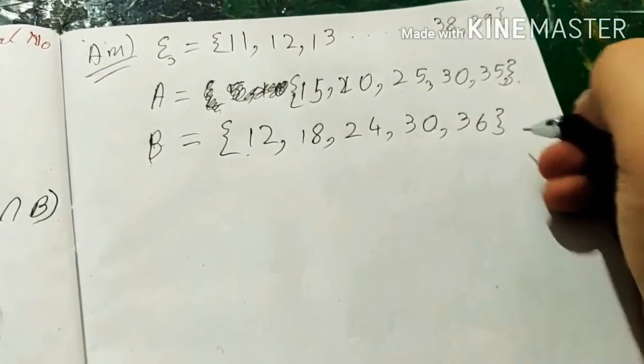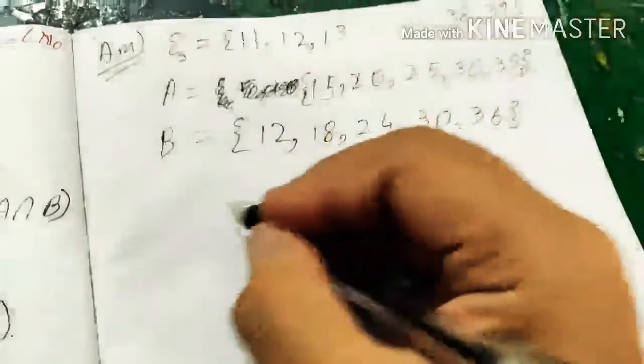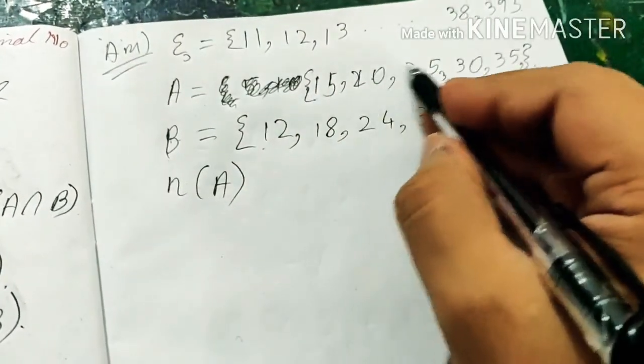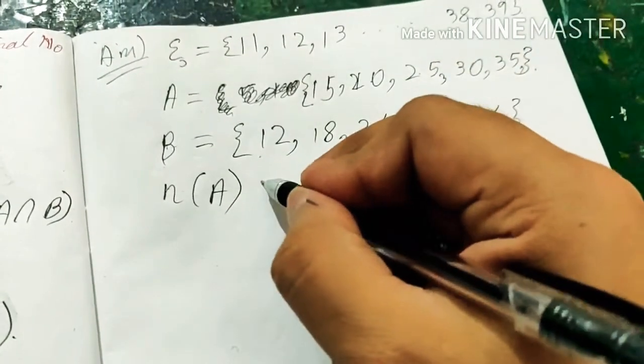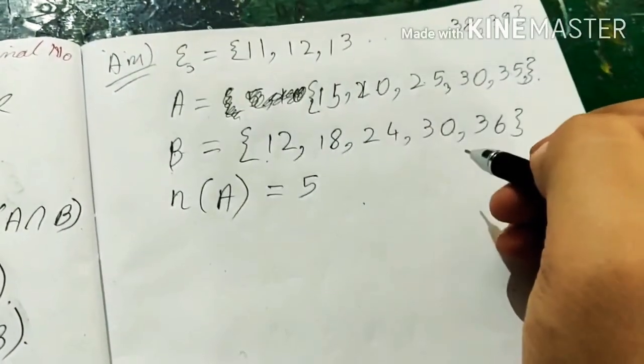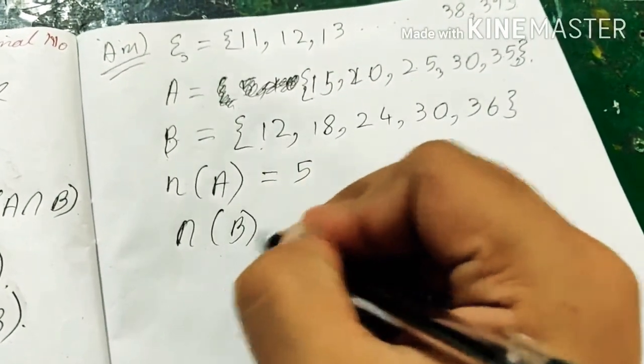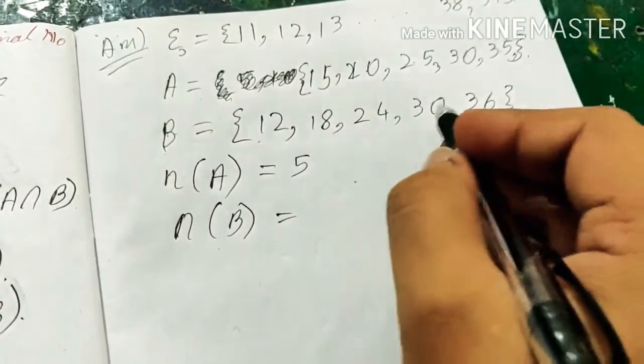So this is our B set. Cardinal number of A is 1, 2, 3, 4, 5. Cardinal number of B is 1, 2, 3, 4, 5.